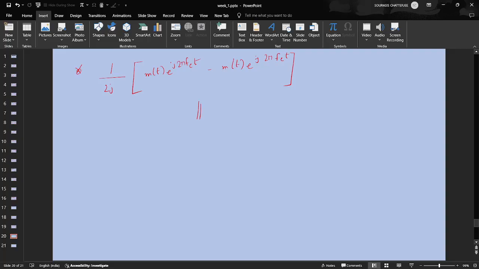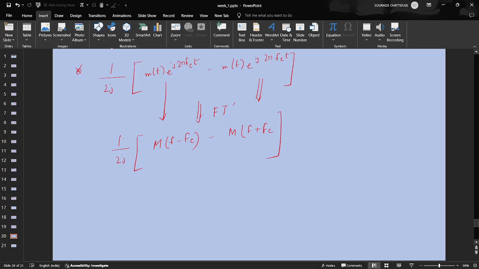If I take the Fourier transform of this individually, this will lead to 1 over 2j, and I'll have M(f minus fc) and here I will have M(f plus fc).